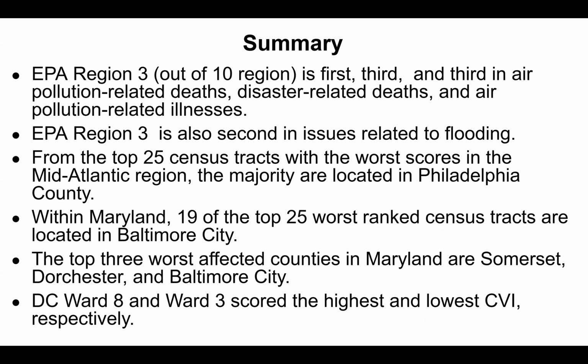From the top 25 census tracts with the worst scores in the Mid-Atlantic region, the majority are located in Philadelphia County. Within Maryland, 19 out of the top 25 worst ranked census tracts are located in Baltimore City. The top 3 worst affected counties in Maryland are Somerset, Dorchester, and Baltimore City. DC Ward 8 and Ward 3 scored the highest and lowest respectively.